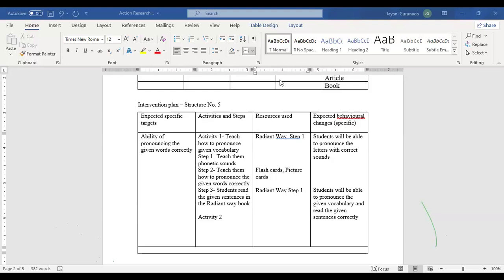Now, students will be able to write what? What can they write? You told that the students will be able to write correctly. What can they write correctly?